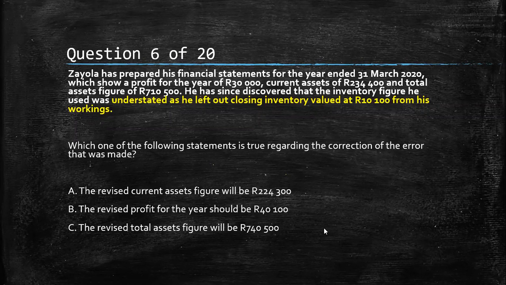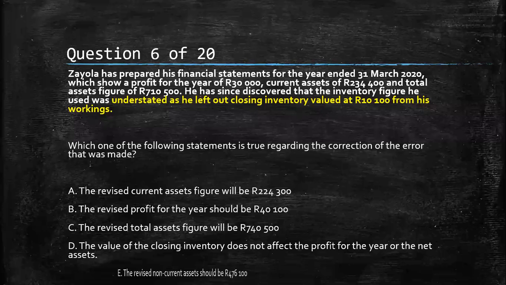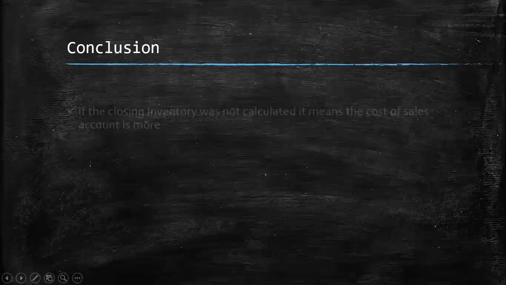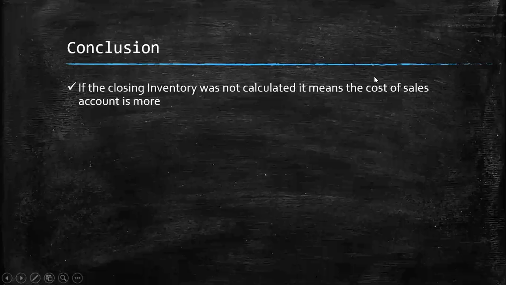Now, how do we conclude on this one? In conclusion, if the closing inventory was not calculated, it means the cost of sales amount is more.